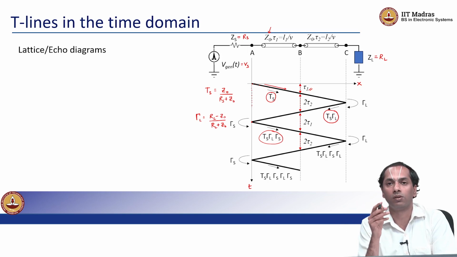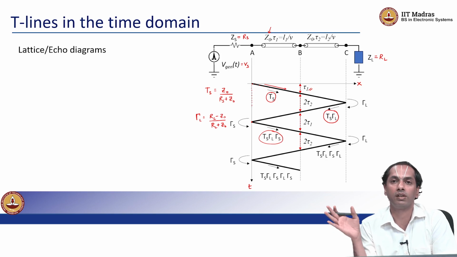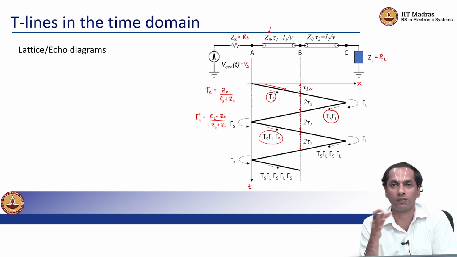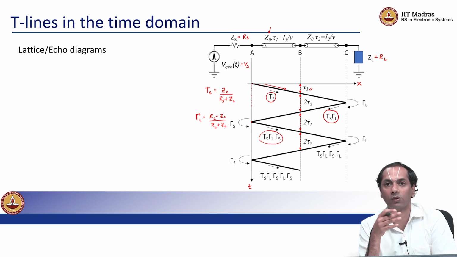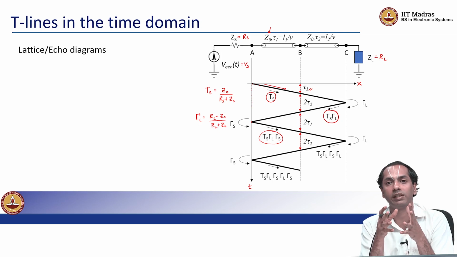So, the voltage went to the load, came back, and it is bouncing back and forth, and each time as it goes to the ends and comes back, the magnitude of this voltage diminishes. In reality, this is exactly how we see voltages permeating in circuits.